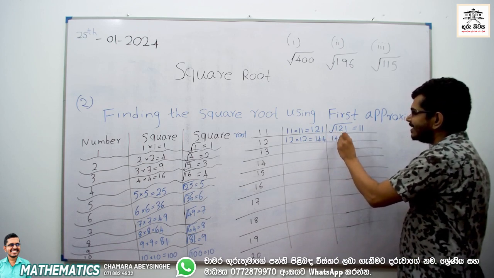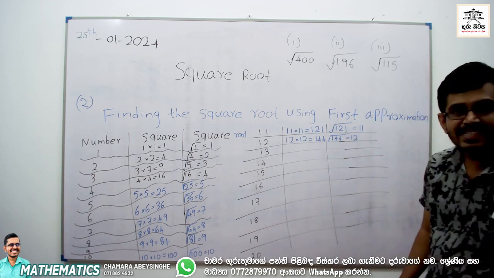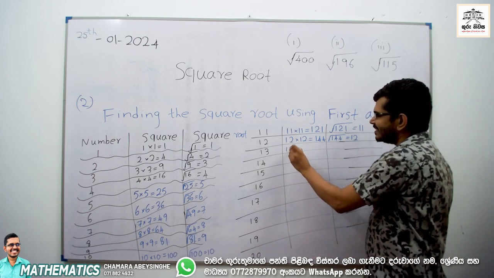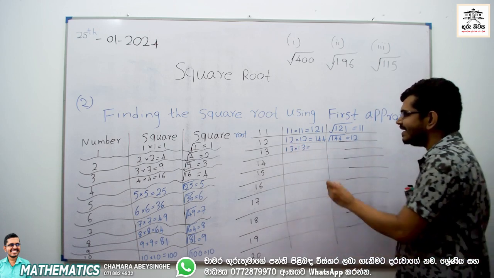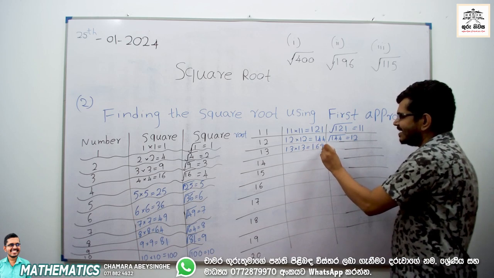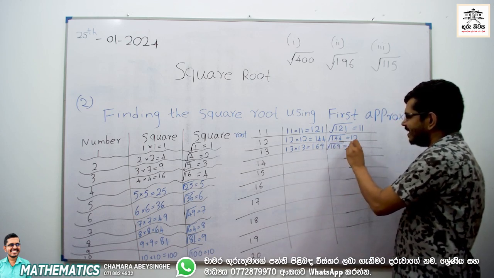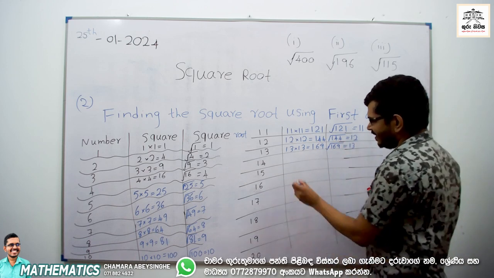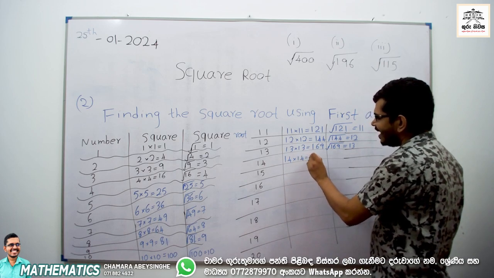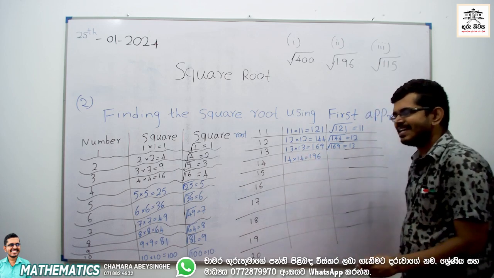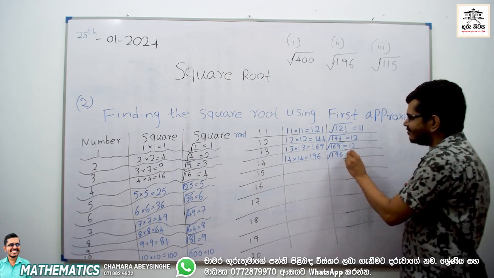Square root 144 is 12. 13 times 13? 169. Square root 169 is 13. 14 times 14? 196. Square root 196 is 14.